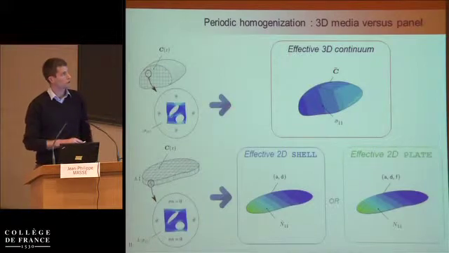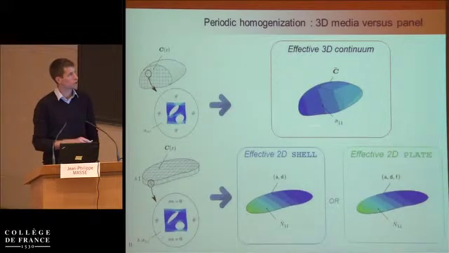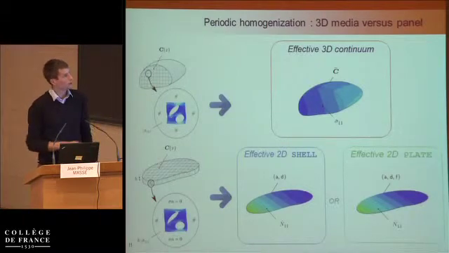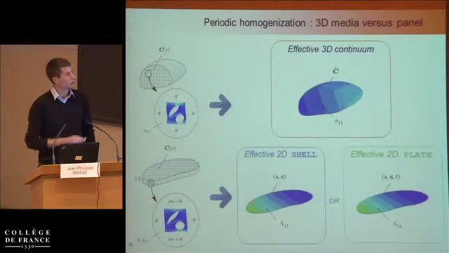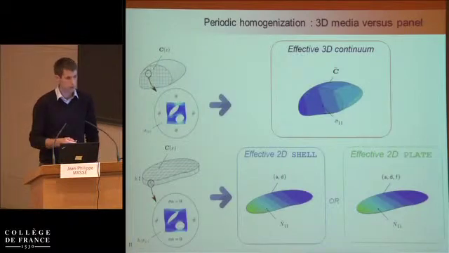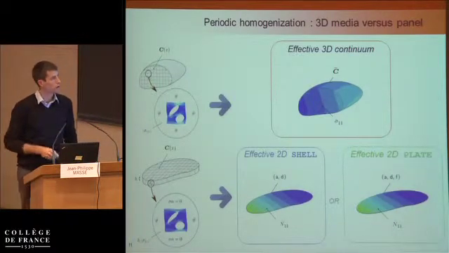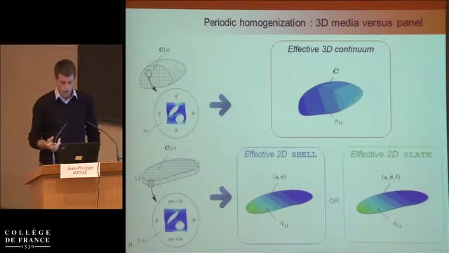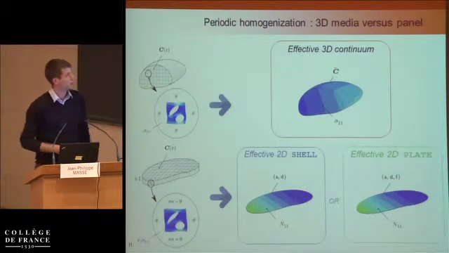And the homogenization step is to be able to identify an effective stiffness for this architecture material, so that we can compute analytically, for example, or numerically, what we want on a homogeneous 3D medium.